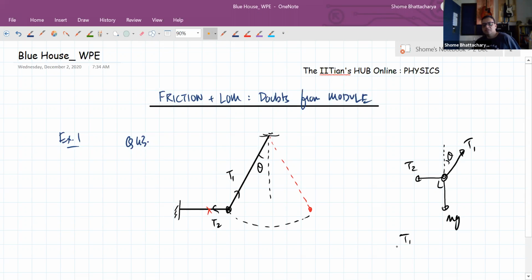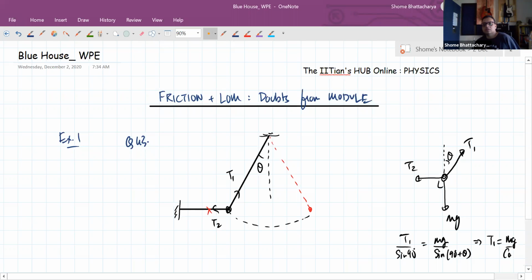So you can see that T1 upon sine 90 is equal to mg upon sine of 90 plus theta. So you have T1 as mg by cos theta. This is the situation because the acceleration is 0.